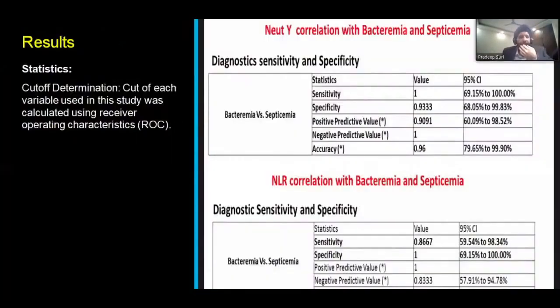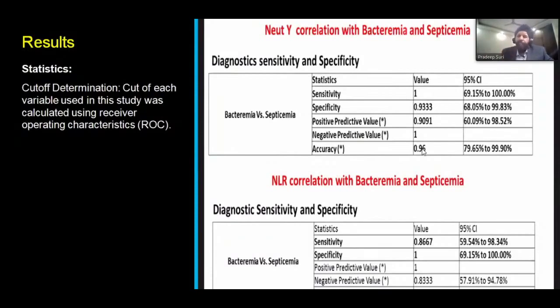So what we got from our ROC cutoffs using Youden's index was that the two parameters which showed the maximum promise were NEUT-Y and neutrophil lymphocyte ratio. NEUT-Y had a diagnostic sensitivity of 1, which is 100%, and a specificity of 0.93. The positive predictive value was 0.9, the negative predictive value was 1, and accuracy was 0.96.